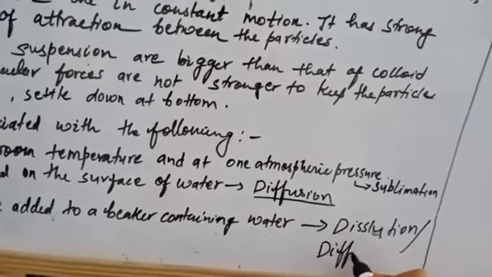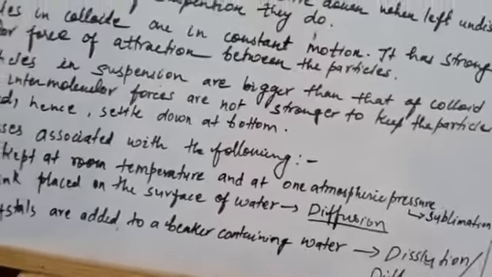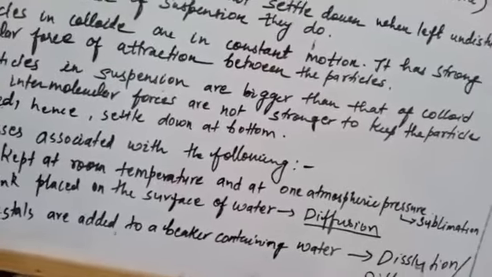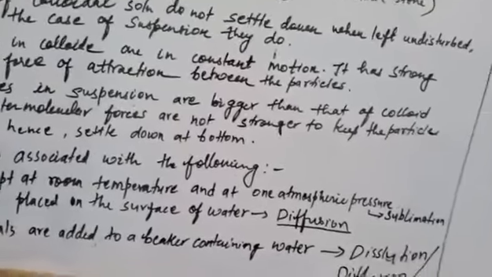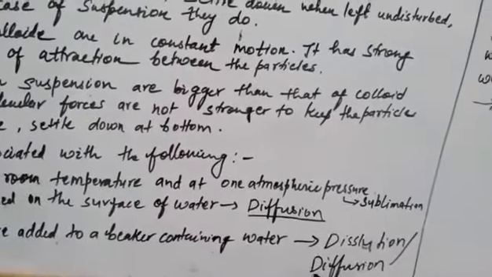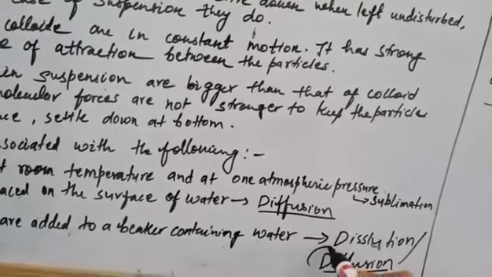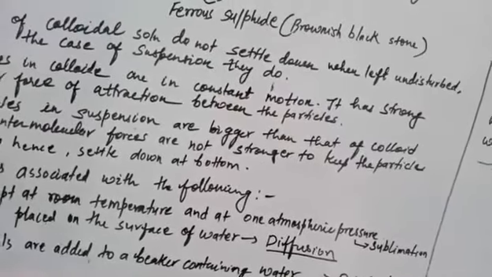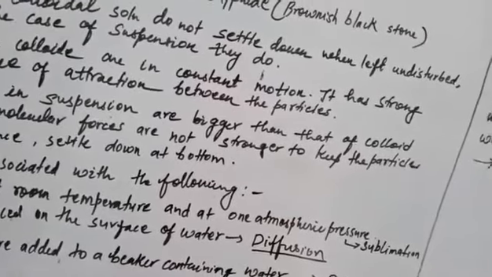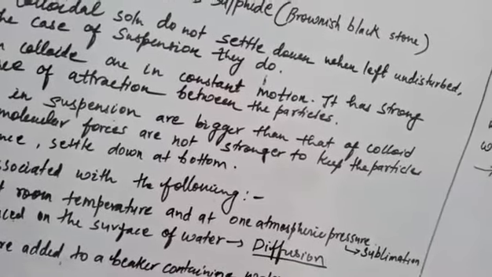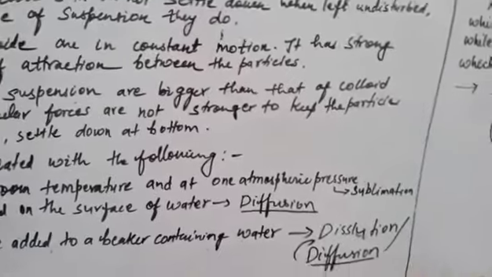The color will spread throughout the water and make a pink solution. That means diffusion takes place along with the dissolution. All the KMnO4 crystals first get dissolved, spread into the space of water, and form a beautiful pink solution.